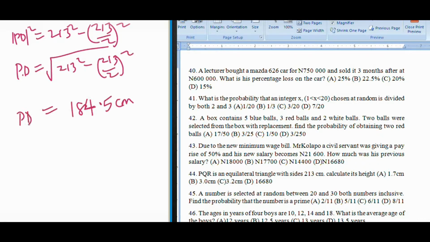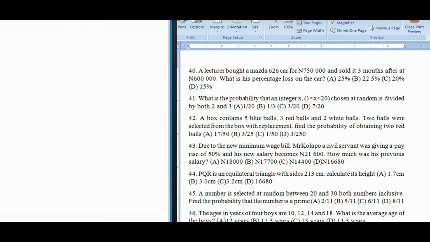Now, the next question: a number is selected at random between 20 and 30, both numbers inclusive. Find the probability that the number is a prime number. We are to move from 20 to 30, both inclusive, and we want to know the probability that the number selected at random there is a prime number.